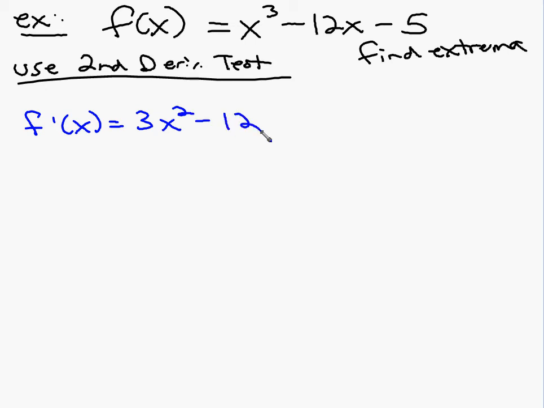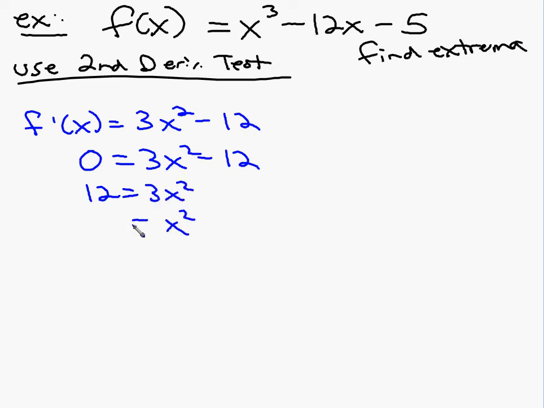I always find the first derivative. I always set it equal to 0. 3x squared minus 12 equals 0. That thing is going to solve real easily. 3x squared equals 12. X squared equals 4. So x equals positive 2 and negative 2.